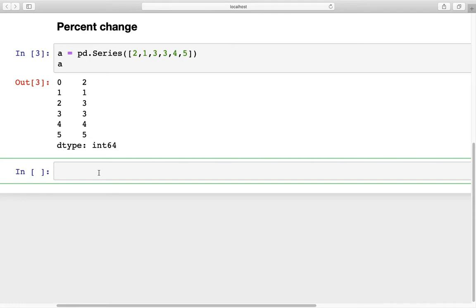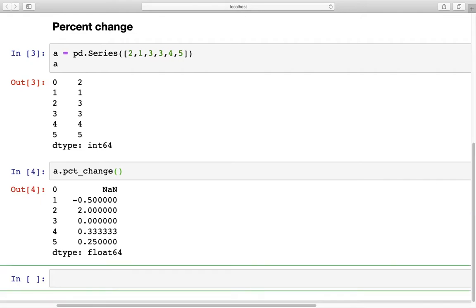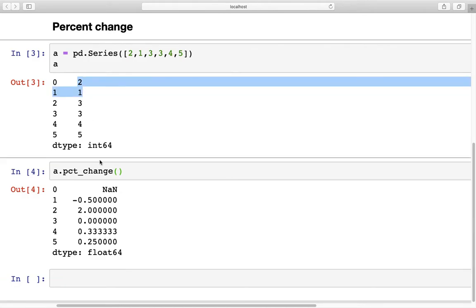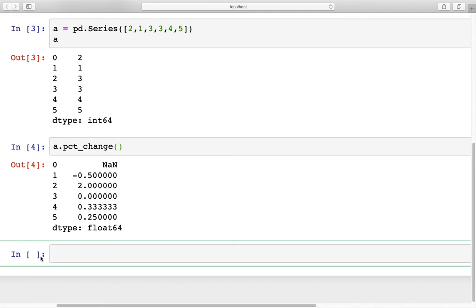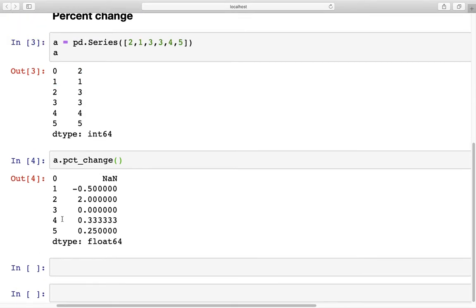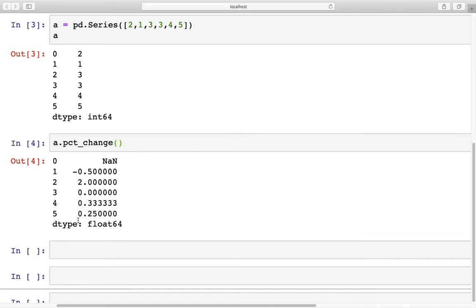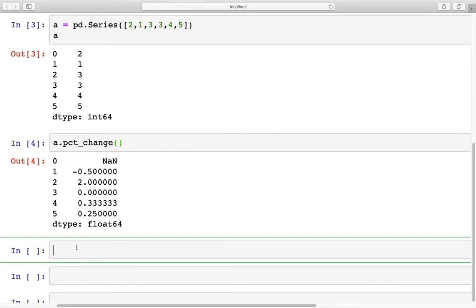It is very easy in Python pandas. So what we can do is type a.pct_change(), open close parenthesis, and this will give us the percent change. So going from 2 to 1, this would be the way. If you remember from the videos for descriptive statistics, what we are doing here is calculating the percent change based on the number 2.